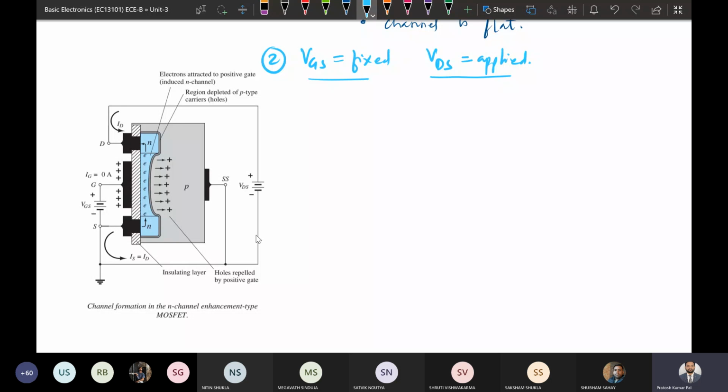We will be connecting the drain to a positive voltage. Now, as the channel is formed, electrons are available here, and we apply the drain terminal with the positive voltage.